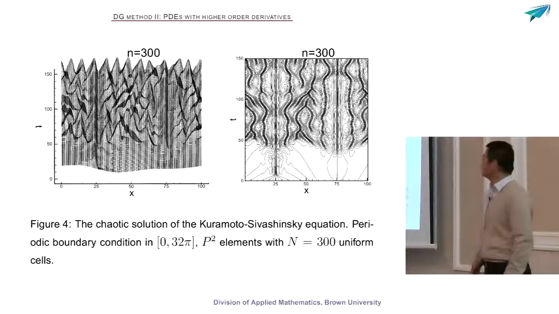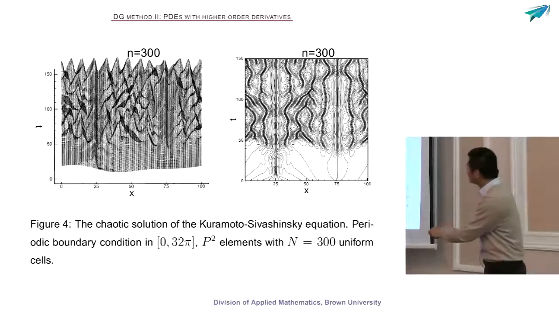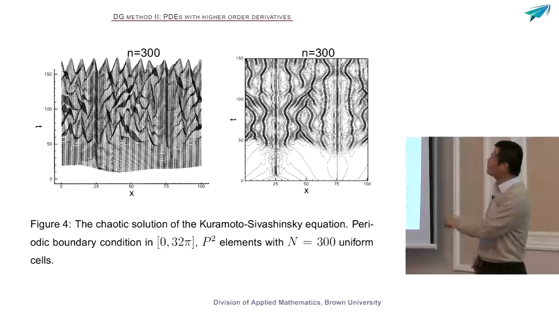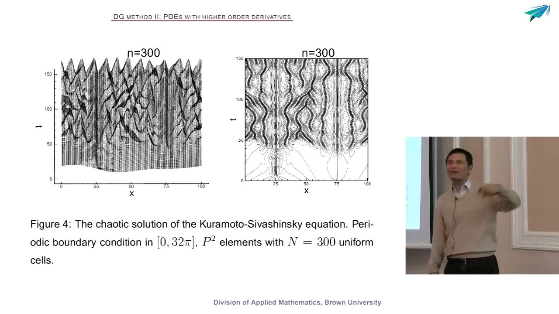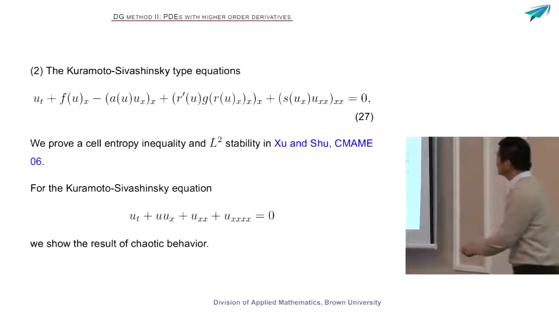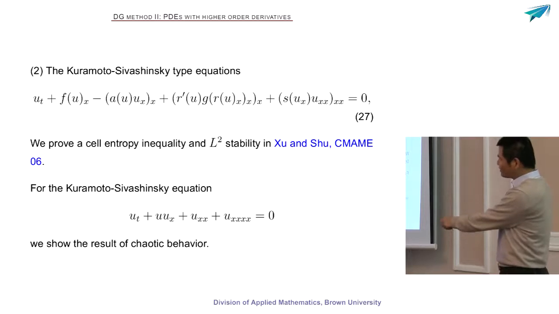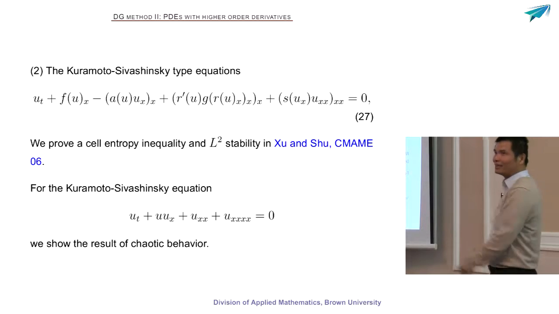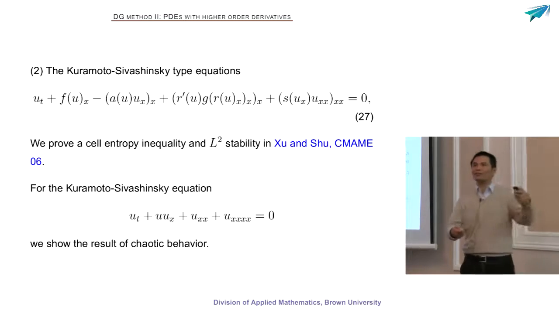Chaotic. This is time, this is space. Looks like when you evolve in time, you get more and more structures. It is because if you look at the PDE, this term is anti-diffusive. This term is diffusive because this is the wrong sign heat equation, right? There's a plus uxx here. So it's a fight between the anti-diffusion and the diffusion.